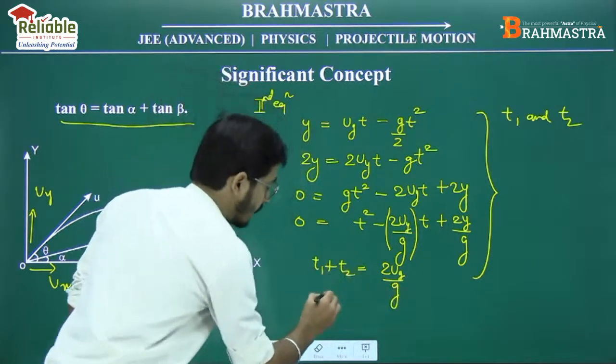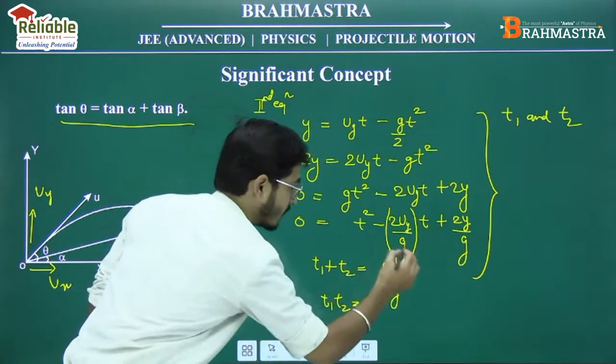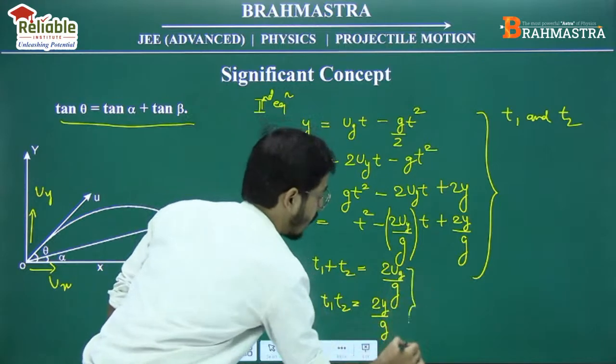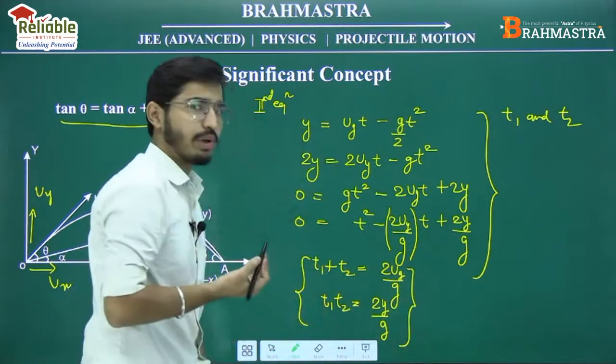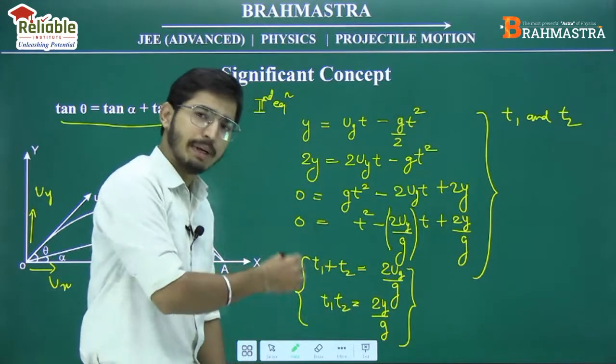And the product of these two roots is equal to c by a, that is 2y over g. Now you will find a variety of questions where you'll be looking at this information repeatedly.